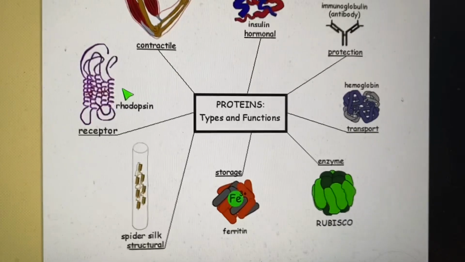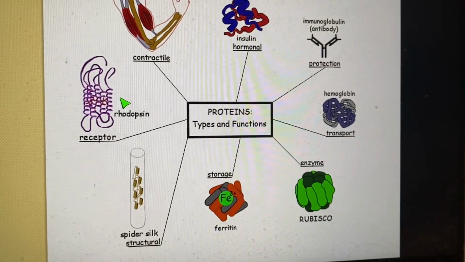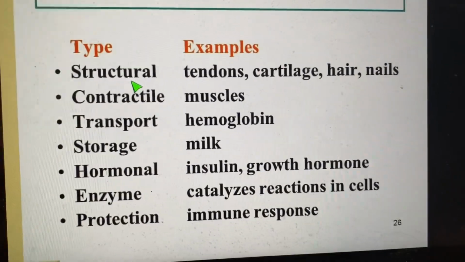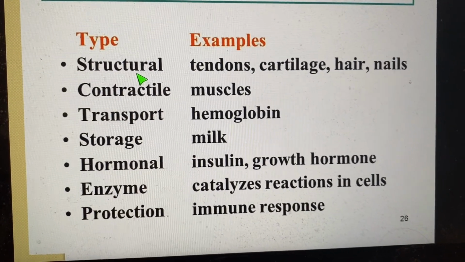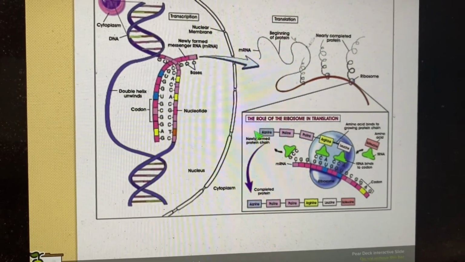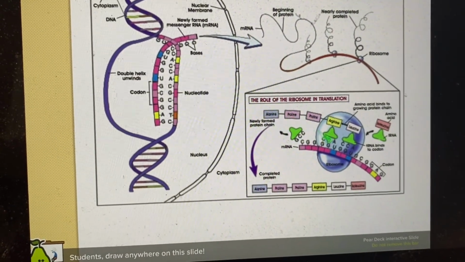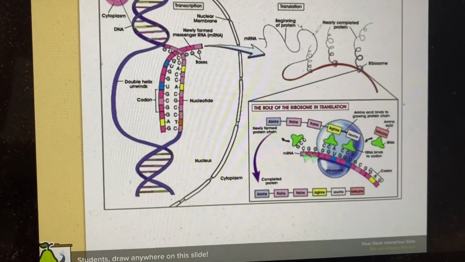Like they can do enzyme functions. Lots of different types of proteins. We learned what was most important about a protein is its shape, right? And its shape is dependent on its amino acid sequence. And the amino acid sequence is put together during translation, right?